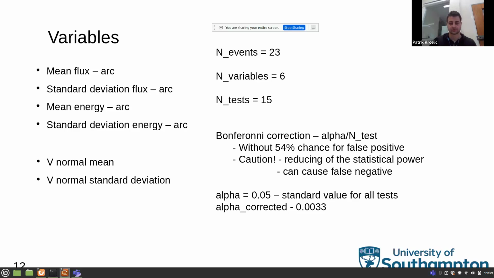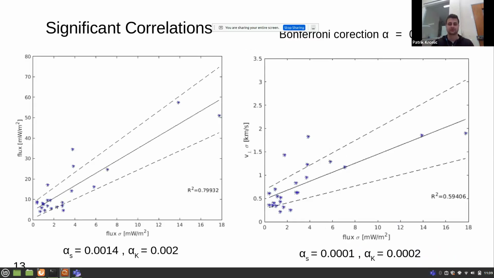So our alpha corrected here on the bottom is 0.003, and if we have a correlation which has a significance level below that, we say we have a significant correlation. As you may assume, most of them are uncorrelated, but there are 2 significant correlations, and we are testing our correlations using Spearman and Kendall tests.